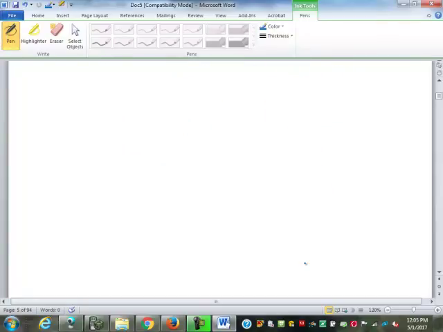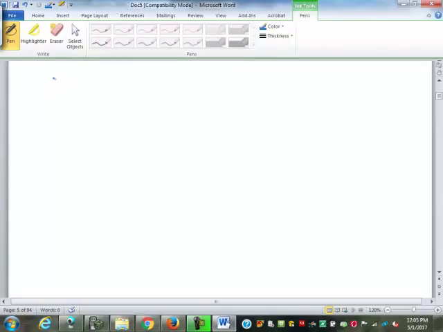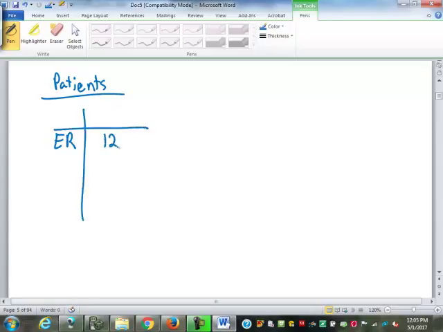Okay, we have a few other types of graphs for data that we want to talk about. One of them is for when we're dealing with categories rather than numbers. Let's say the hospital has patients in there right now. The ER has 12 patients.